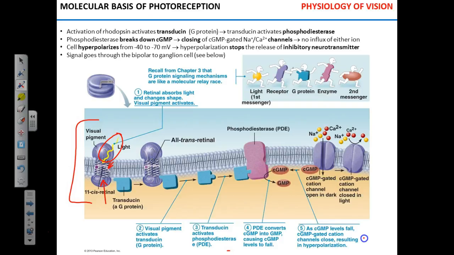The cytoplasmic side of that protein, the part that is in the cytoplasm of the photoreceptor cell, is bound to a special protein called transducin. It is of the class of proteins called G proteins. You've already seen those. Does anyone remember when? If not, then not.